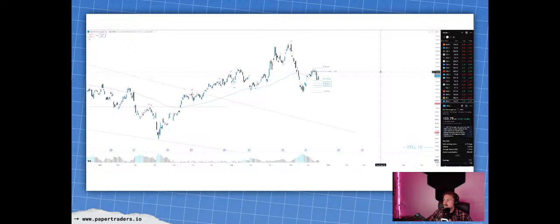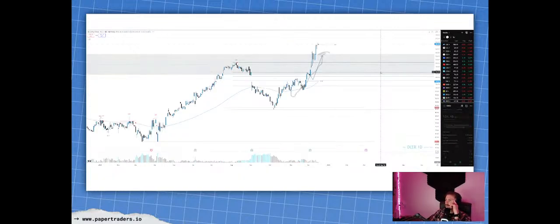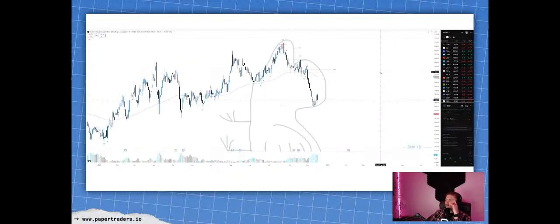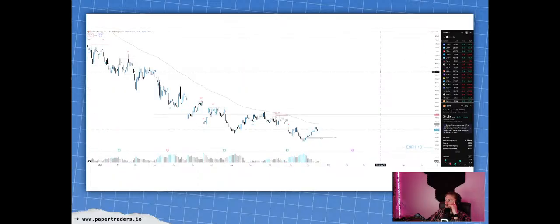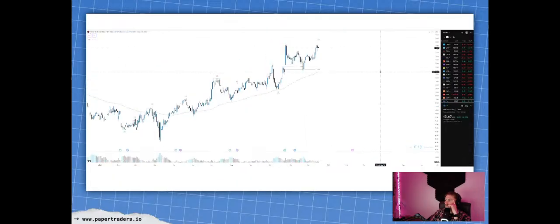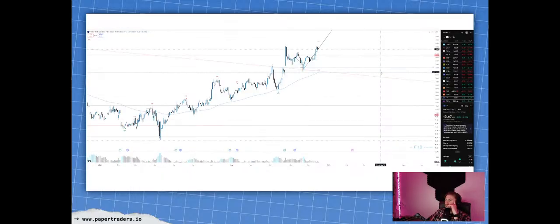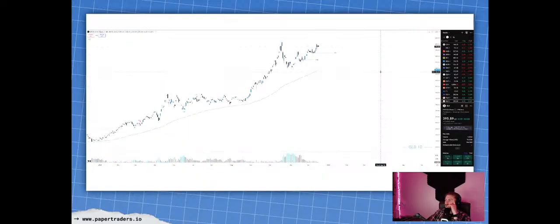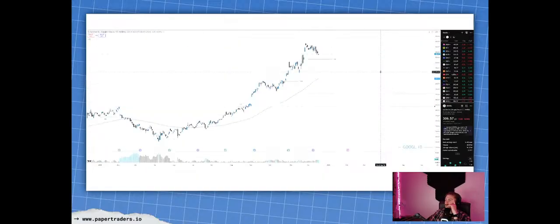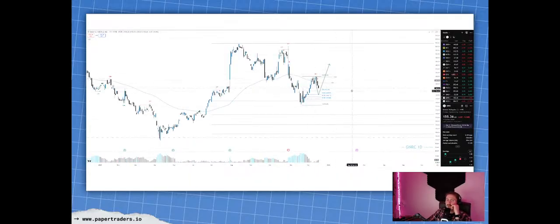The ESFP on the daily, Dell. Let's see. F got an SFP, not something that we want to see. Generac seeing that retrace, I would want to see if this OTE holds.